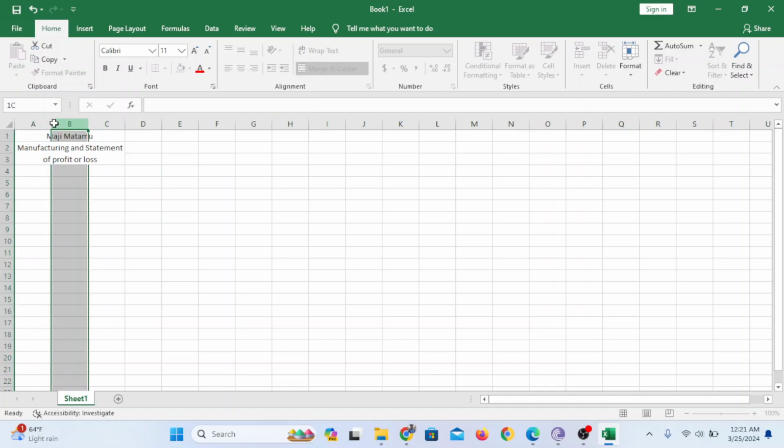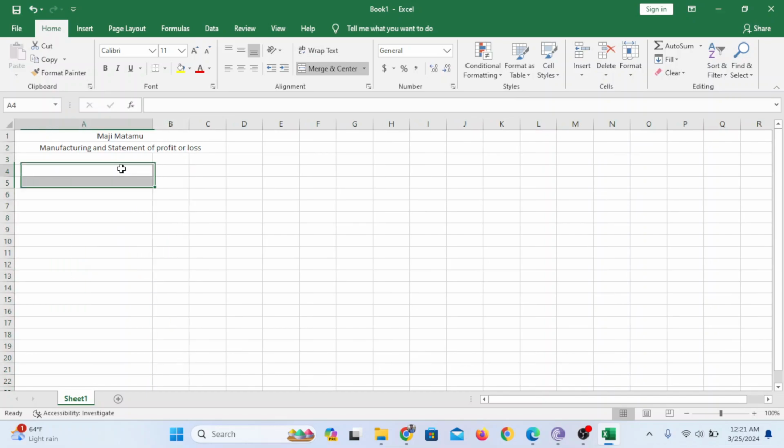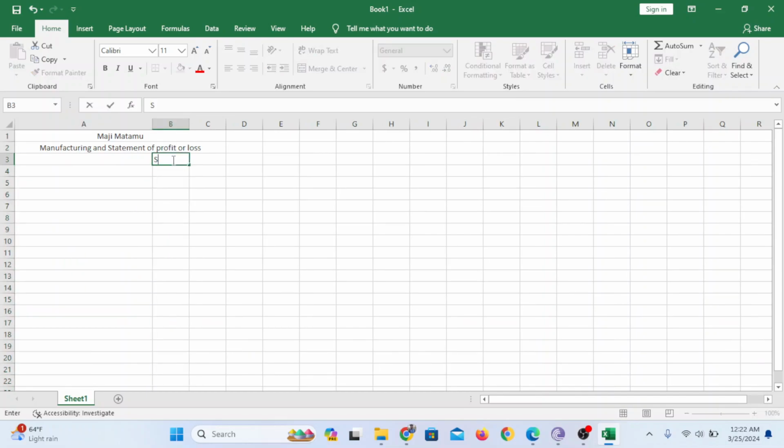So first we'll enlarge, and then we need to have currencies in Kenyan shillings, thousands.